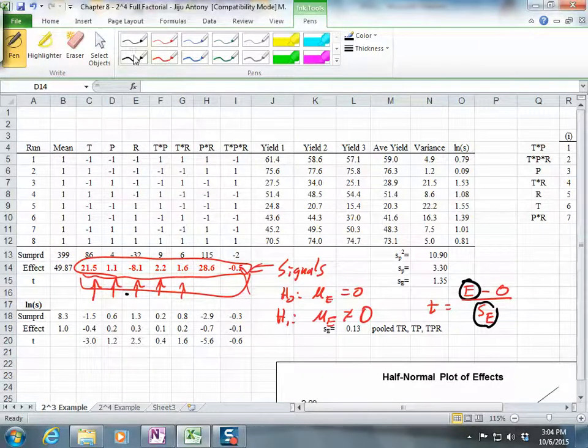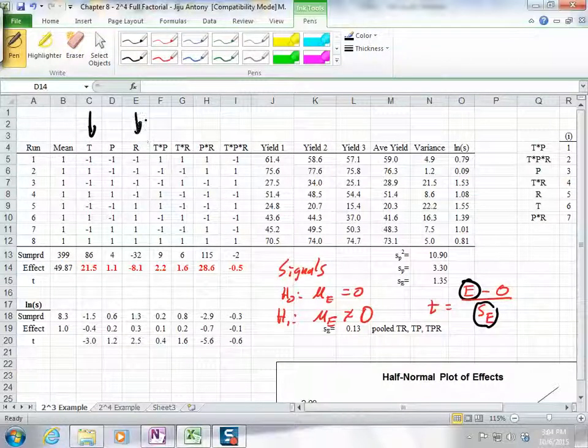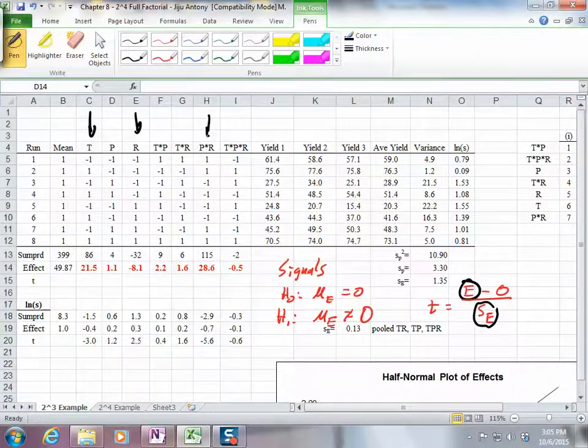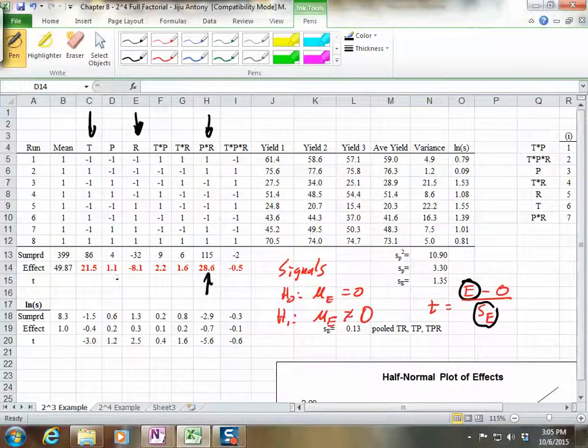Okay, does everyone hear that? Derek's wondering, why does temperature have such a big effect? Residence time, pretty big effect, but P and R have a huge interaction, even though P had a small effect.